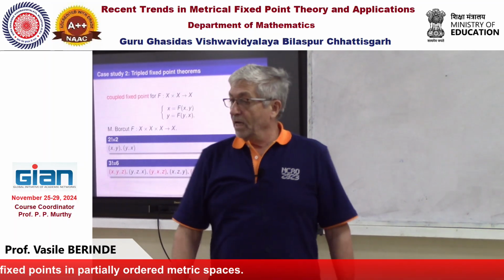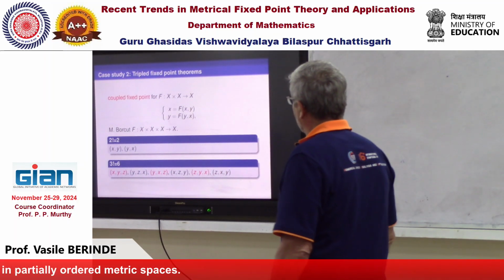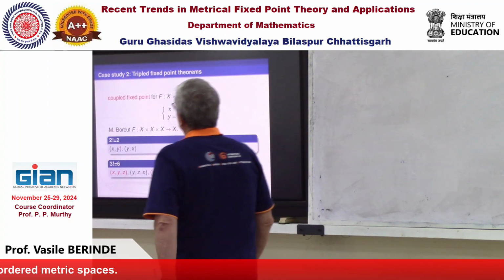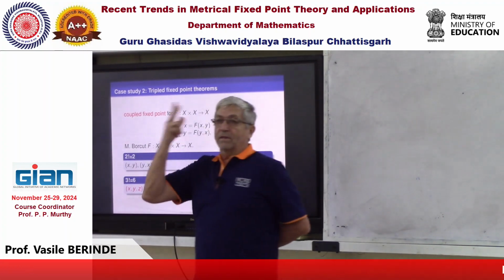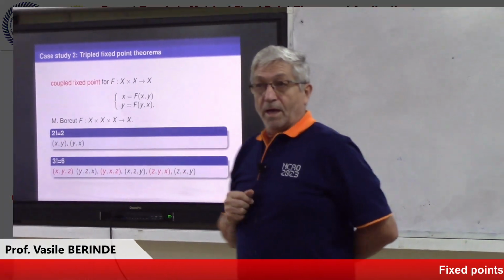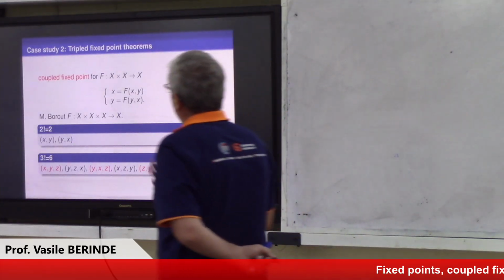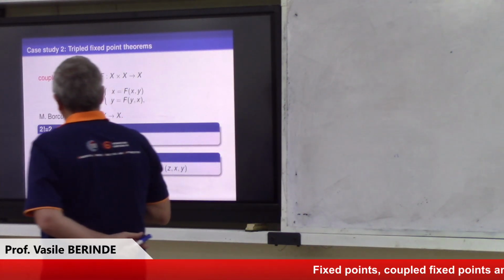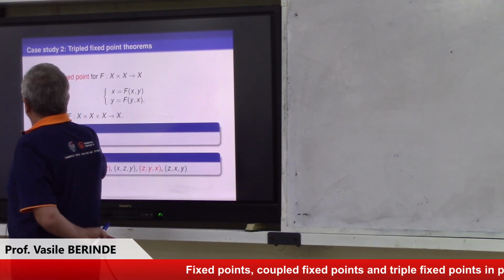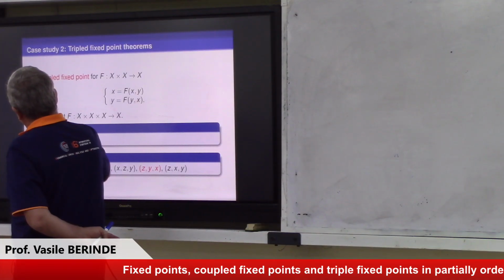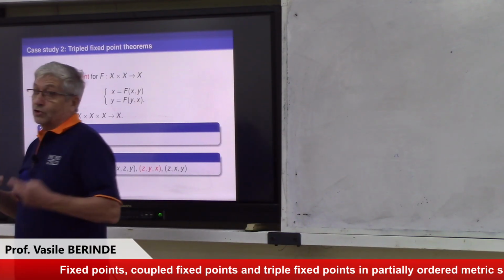And he had a look at it. He said, why should we not consider three sets and define triple fixed points. Okay, I said, okay, but look, 2 factorial, the permutations of 2 elements is just 2.